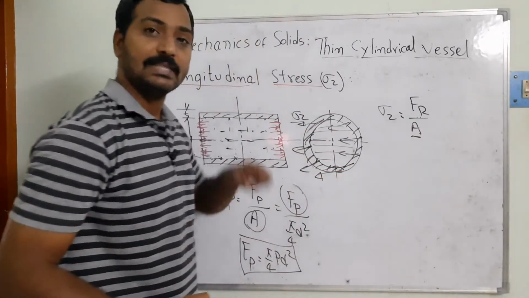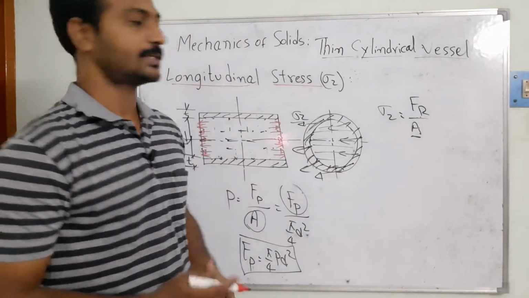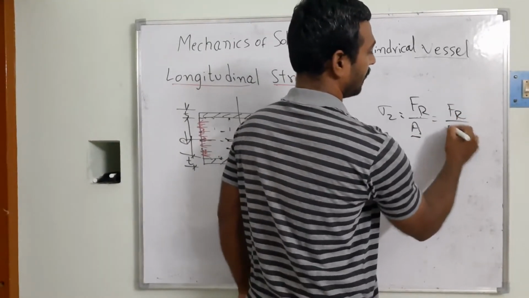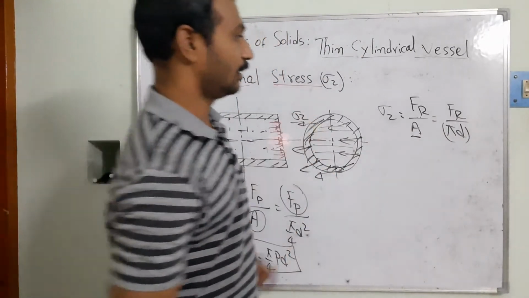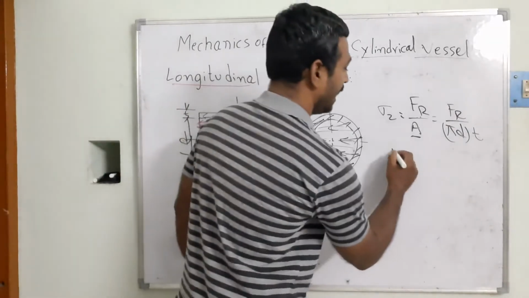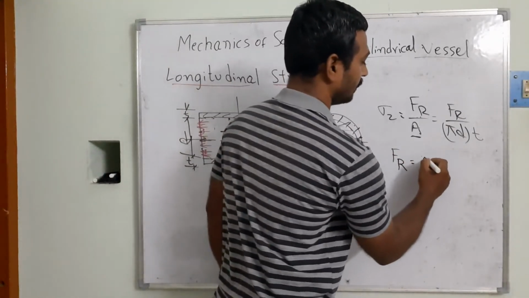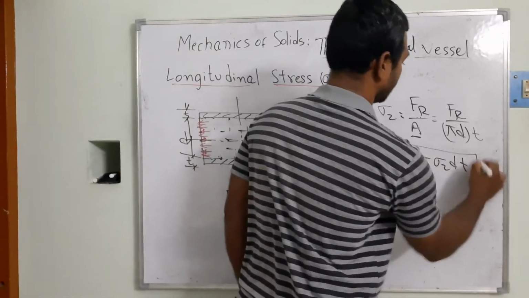It means the circumference of the vessel is subjected to the forces. So Fr is equal to pi d, the circumferential area, times the thickness t. The resistance force developed inside the material is pi into sigma 2 into d t.